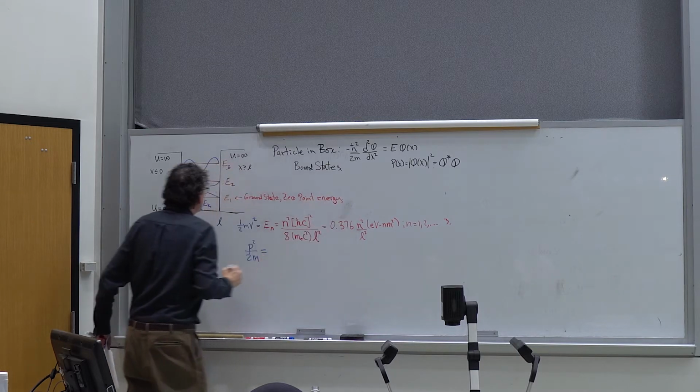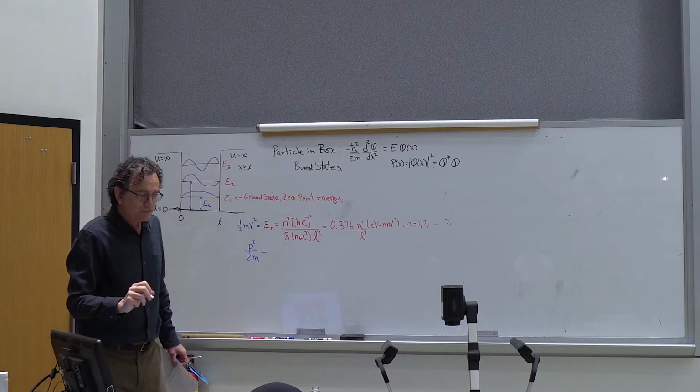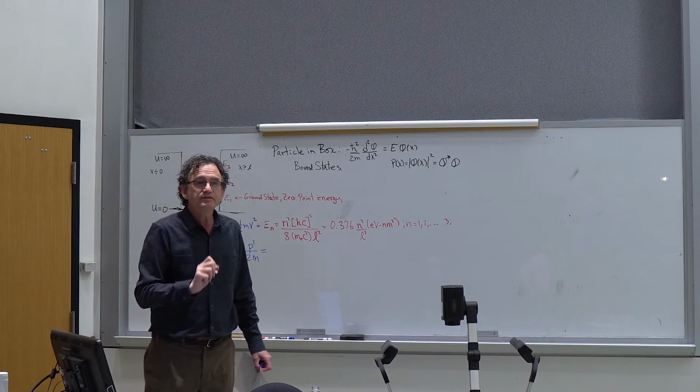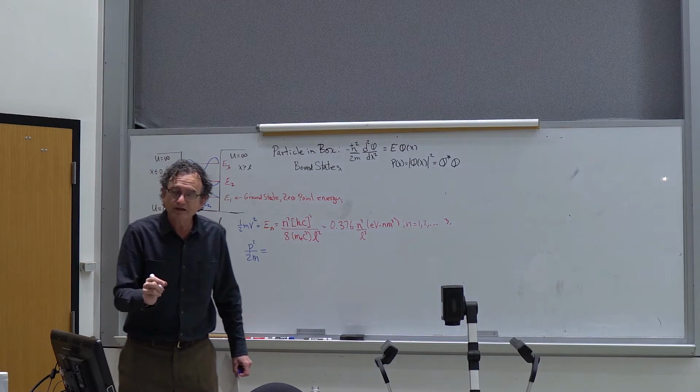In other words, you might think that if I were to actually put a particle in a box, I could give it any velocity I want, and it would remain in that box at that velocity. And that is true classically.